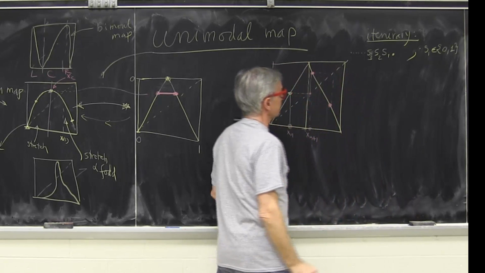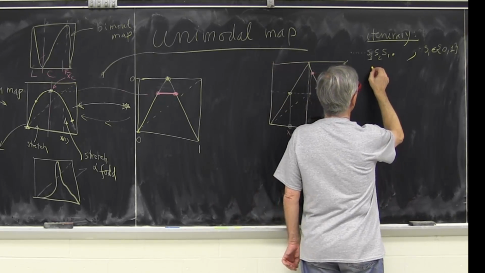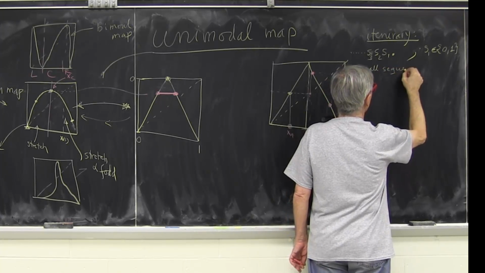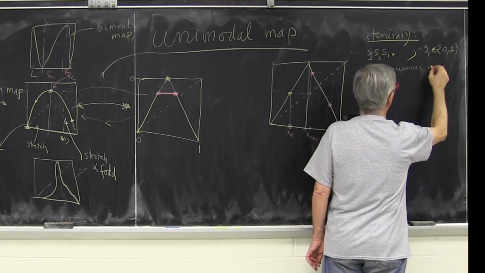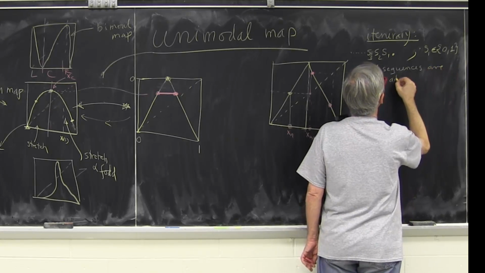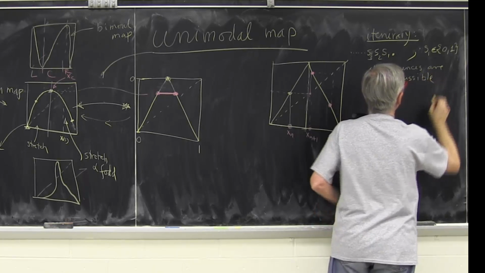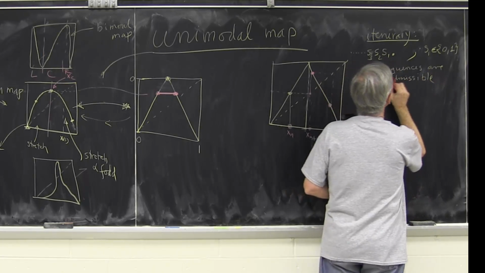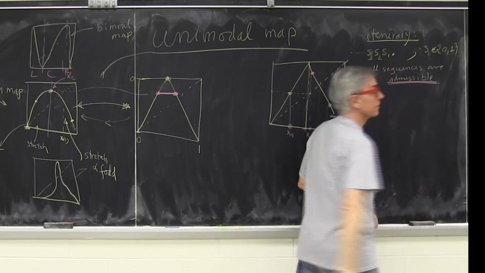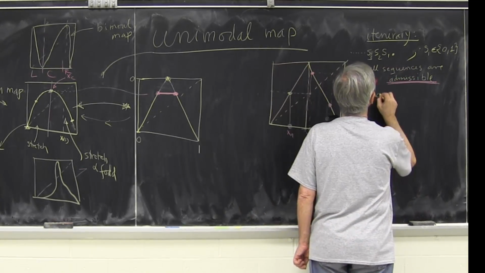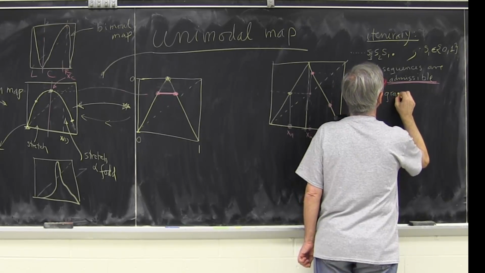And the tent map has a property that all sequences are admissible. Nothing is forbidden. No grammar rules.